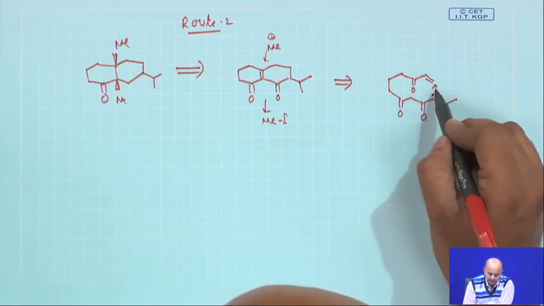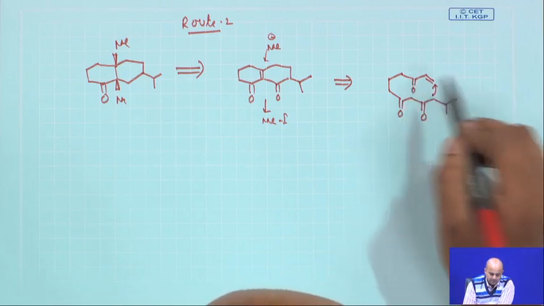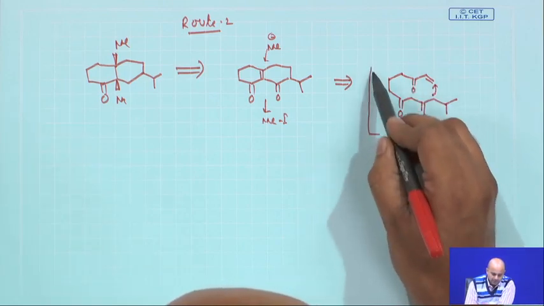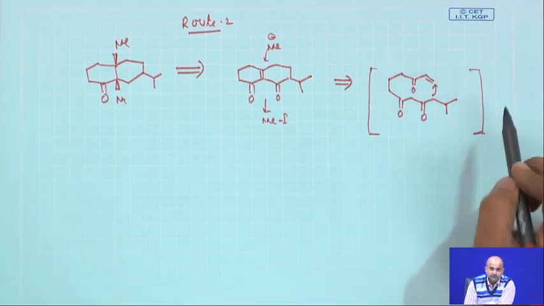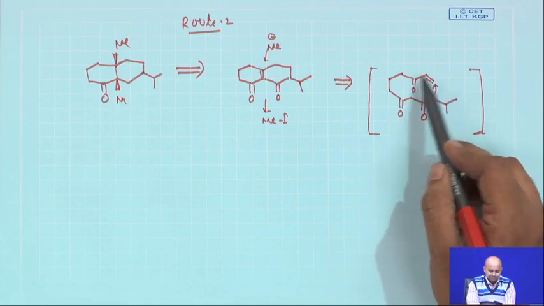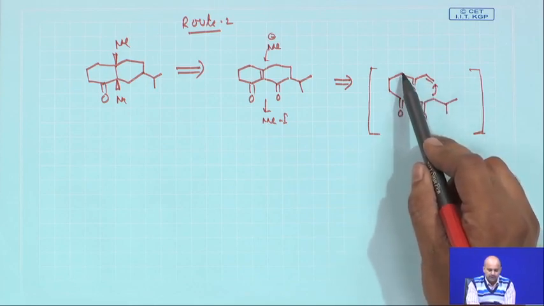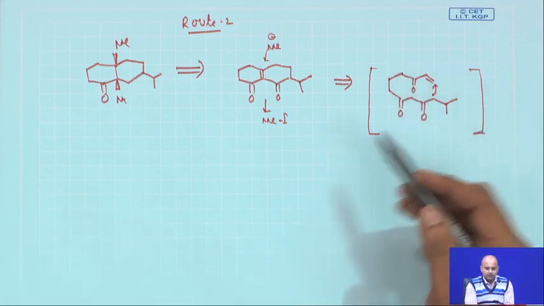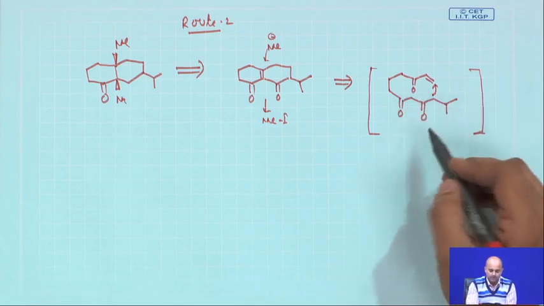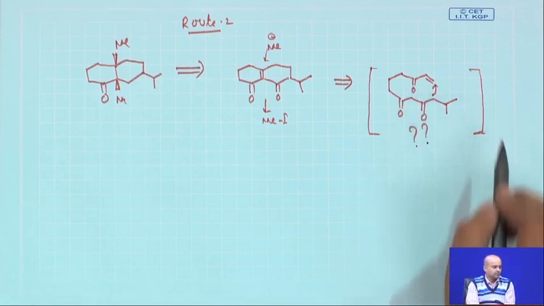Okay. And once this Michael was done, you can close this through an aldol pathway, but actually this substrate itself was very tricky, because there are many carbonyl groups, and you will basically have numerous acidic hydrogens which will be picked up by the base, and eventually self aldol condensation will be a big problem. So, this substrate will put a big question mark.